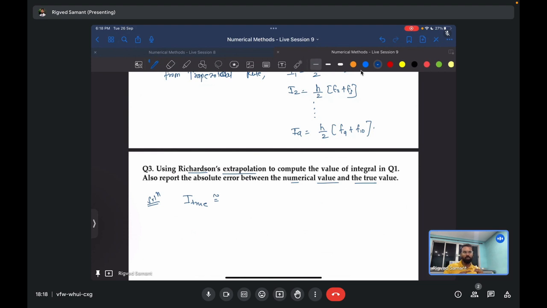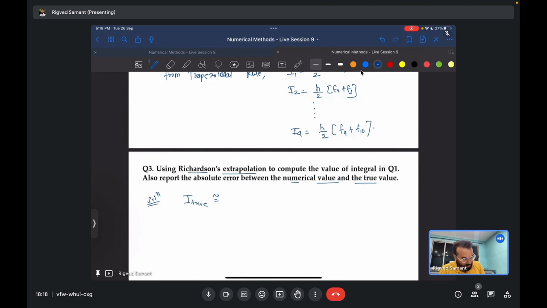So n is equal to 1, n is equal to 2, n is equal to 3, and so on. So for the trapezoidal rule here we have n is equal to 1, n is equal to 2, and it tries to reduce the error, or increase the accuracy. So you have to have two solutions using the trapezoidal method here.